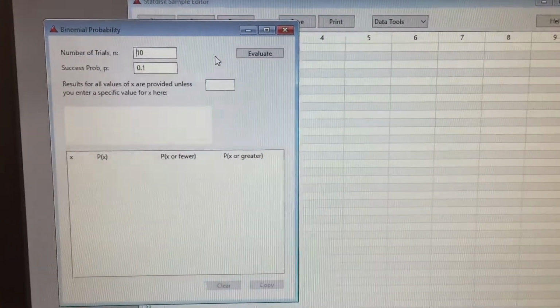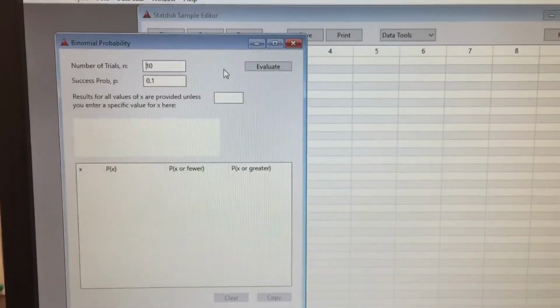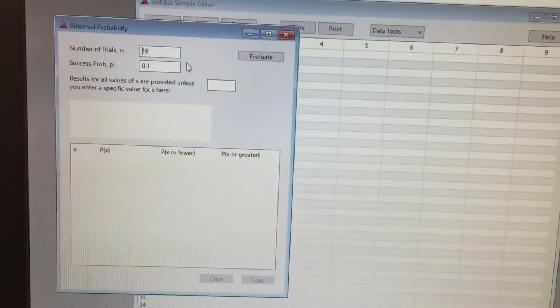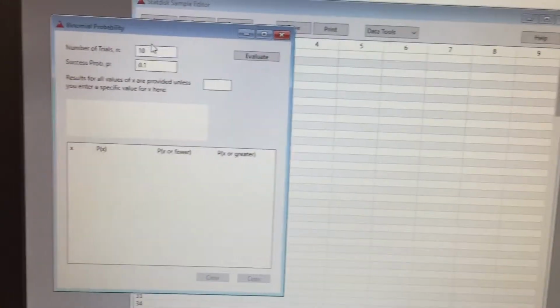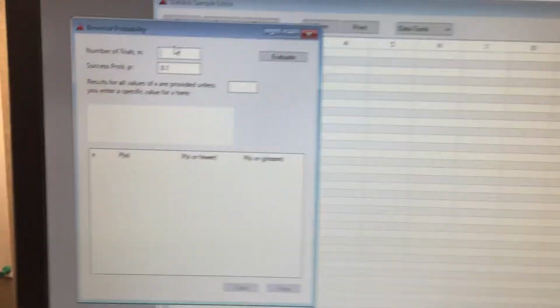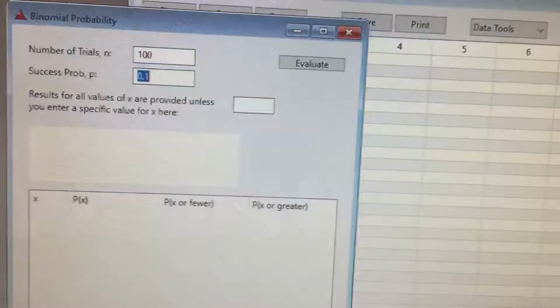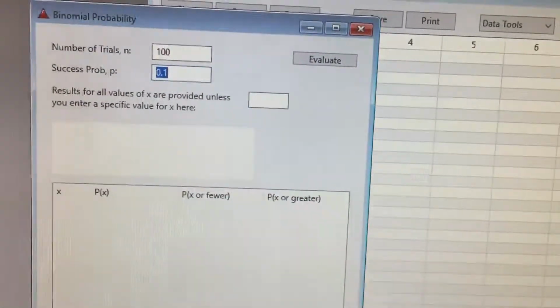Okay, and now you're going to enter the number of trials here. In this case, we're dealing with 100 births, so n is the number of trials, so n is 100, so we're going to type in 100, and then go down to probability of success.